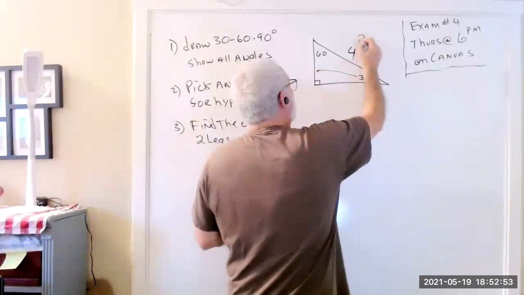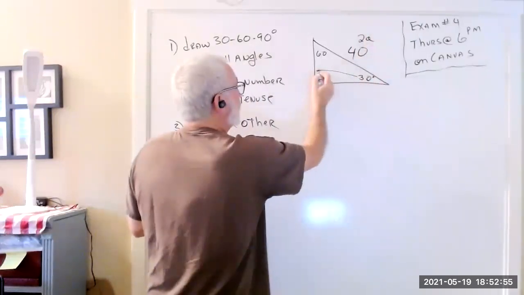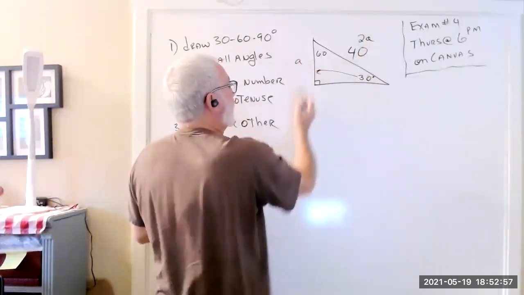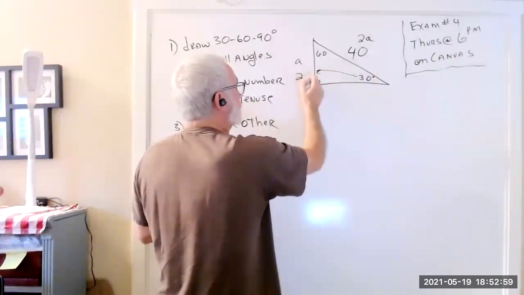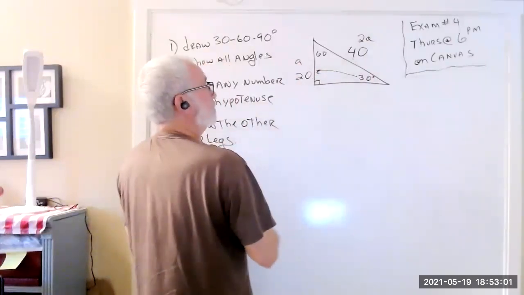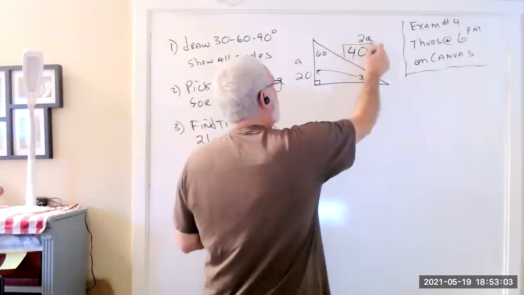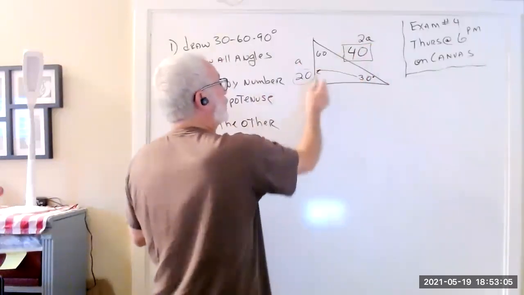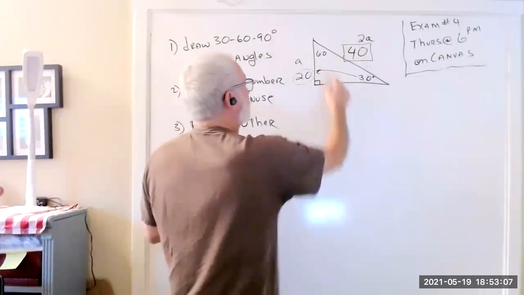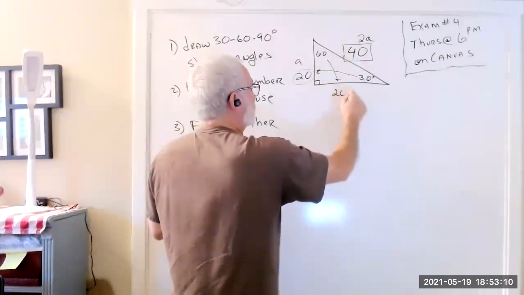Remember, the 40 is 2A and the side opposite the 30 degrees is A, half of that. So this has to be 20. If my hypotenuse was 40, then this has to be 20, and this becomes 20 times the square root of 3.